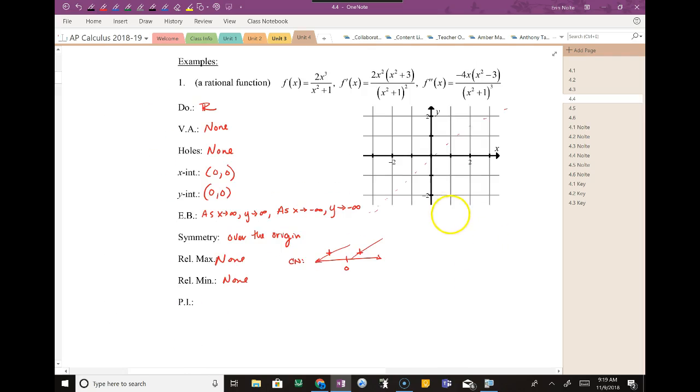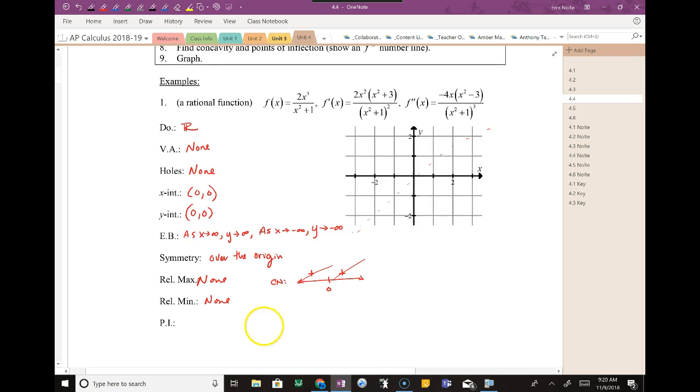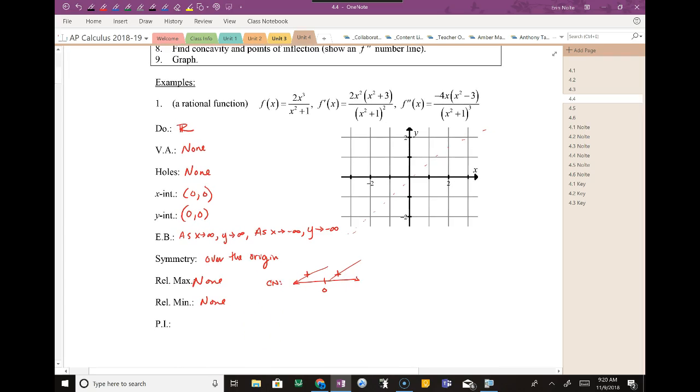Okay, but to find the point of inflection and verify that it potentially could be one, we take the second derivative. Point of inflection, second derivative, and if I set that equal to 0, I can get critical values at 0 and plus or minus the square root of 3.